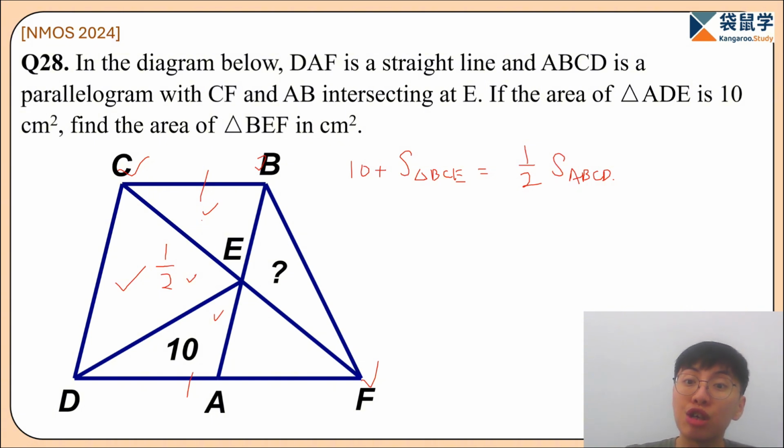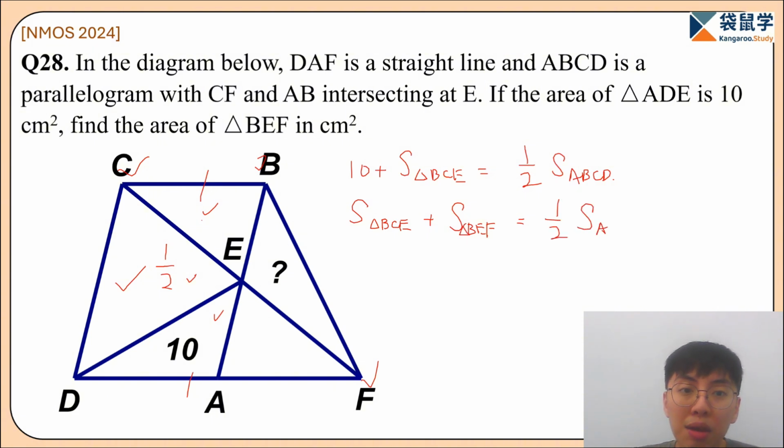Its area is actually two parts. It's made of two triangles pieced together. And what are they? They are triangle BCE plus triangle BEF. And we know that the area of that will be equal to half of ABCD.